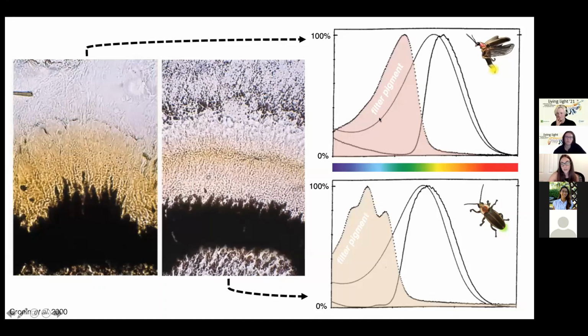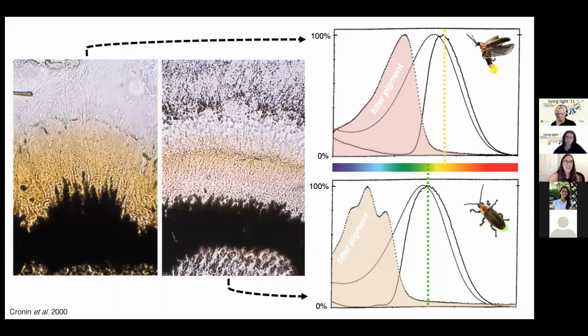Its green photoreceptor might originally have looked like this curve here, but through the addition of some pinkish filter pigments that cut out a lot of the green wavelengths, they're able to sort of narrow their vision to focus in the yellow region of the spectrum. And at first, they're losing a little bit of the visibility of bioluminescence, but they're cutting out a lot more environmental light, so it's still a pretty good thing to do.